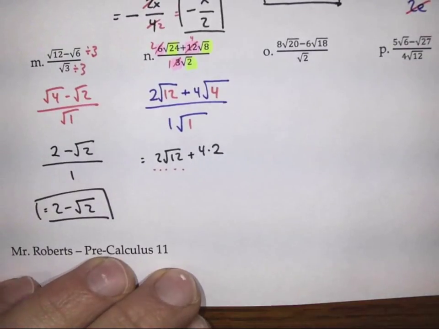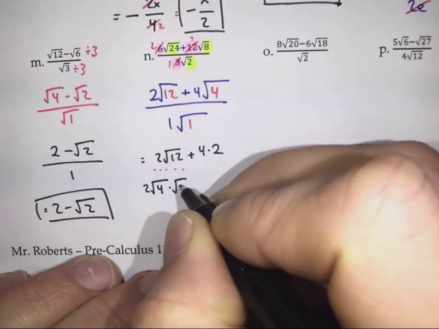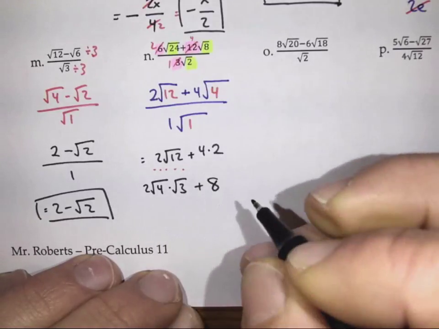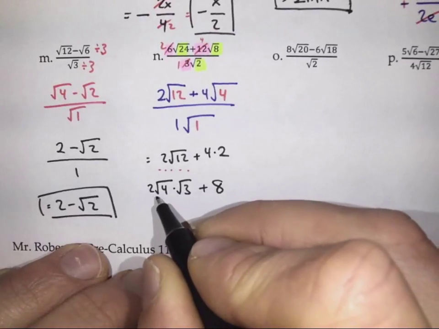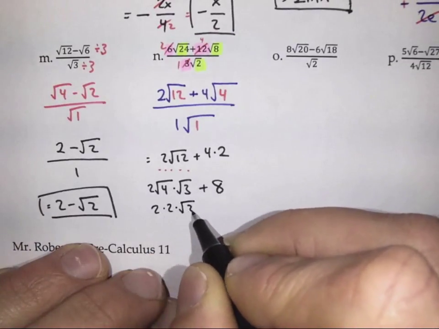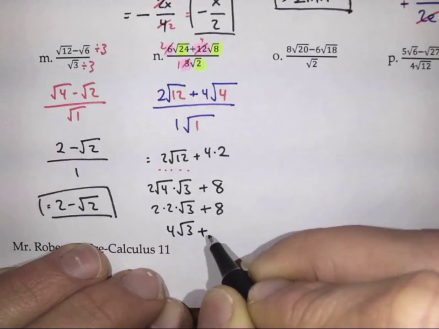So I can rewrite 2 root 12 as 2 root 4 times root 3 plus 4 times 2, which is 8. And that root 4 again becomes a 2, so it's 2 times 2 root 3 plus 8, which is 4 root 3 plus 8.